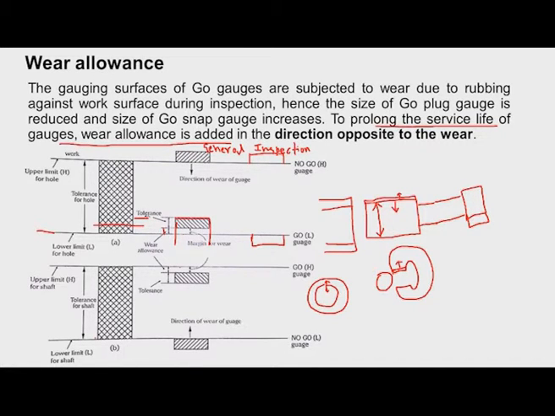So wear allowance is given in the direction opposite to the direction in which the wear is occurring. And similarly for no go gauge, the tolerance is outside this tolerance of the shaft.